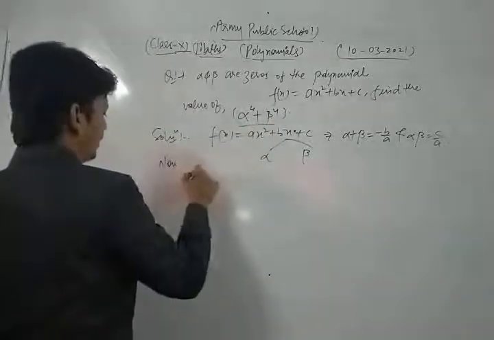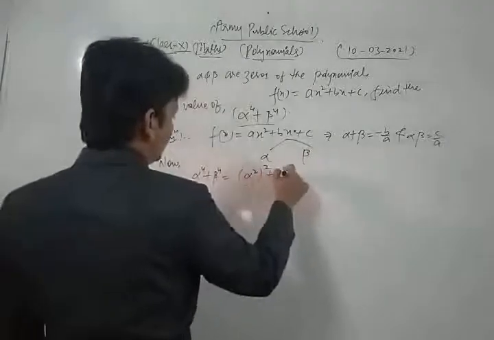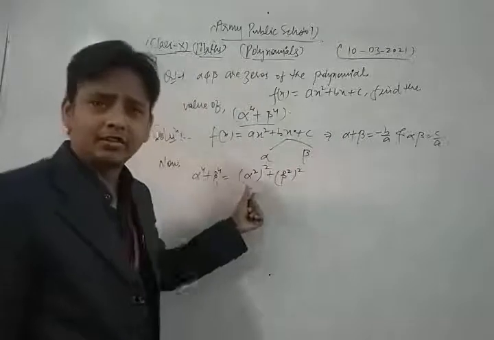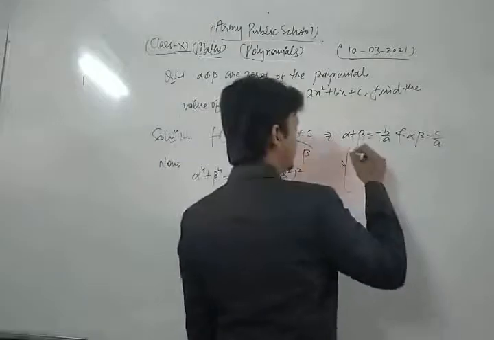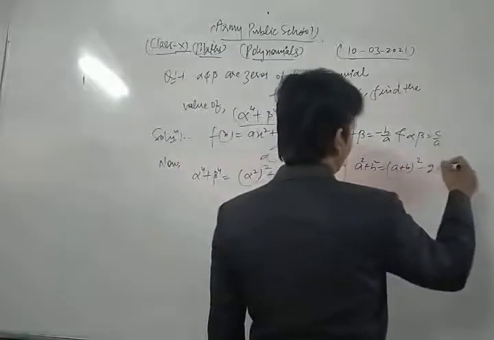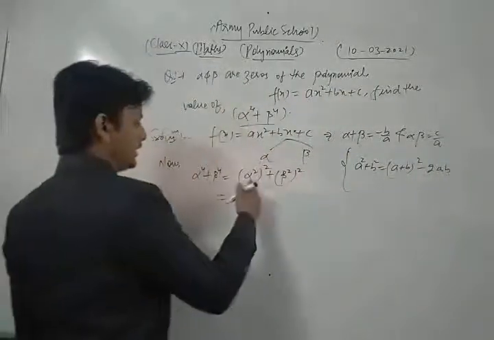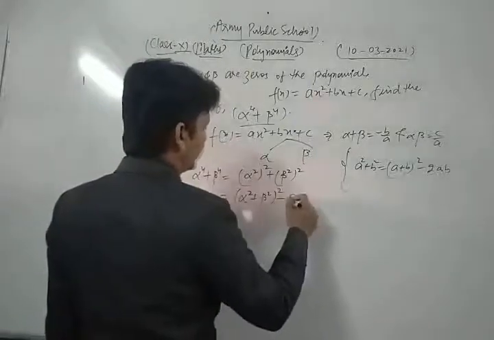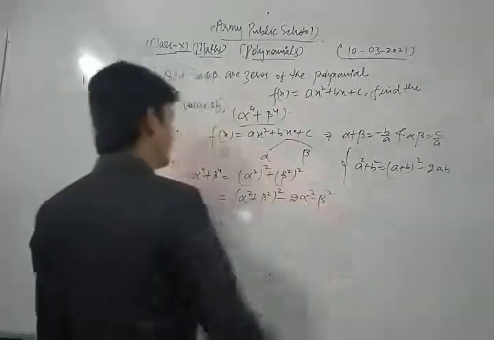Now we find the value of alpha power 4 plus beta power 4. We can write alpha power 4 as alpha square whole square, and beta power 4 as beta square whole square. Now here we take a as alpha square and b as beta square, so we apply the identity: a square plus b square is equal to a plus b whole square minus 2ab. So we get alpha square plus beta square whole square minus 2 into alpha square beta square.